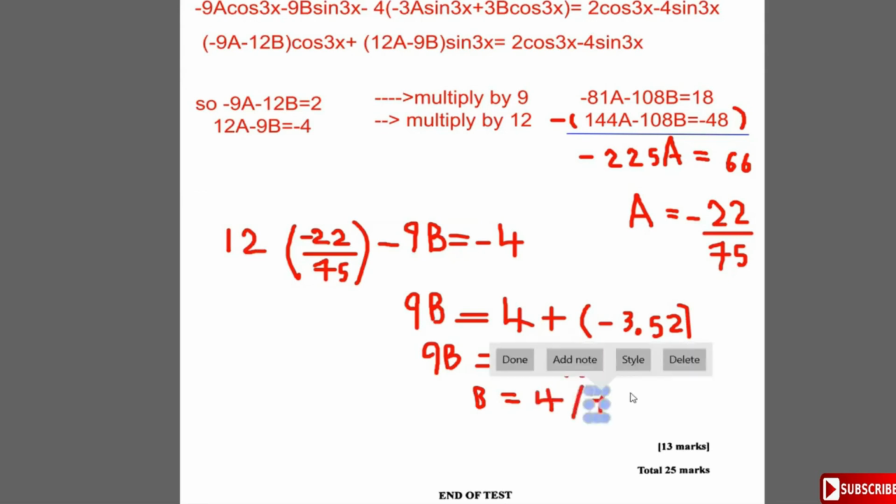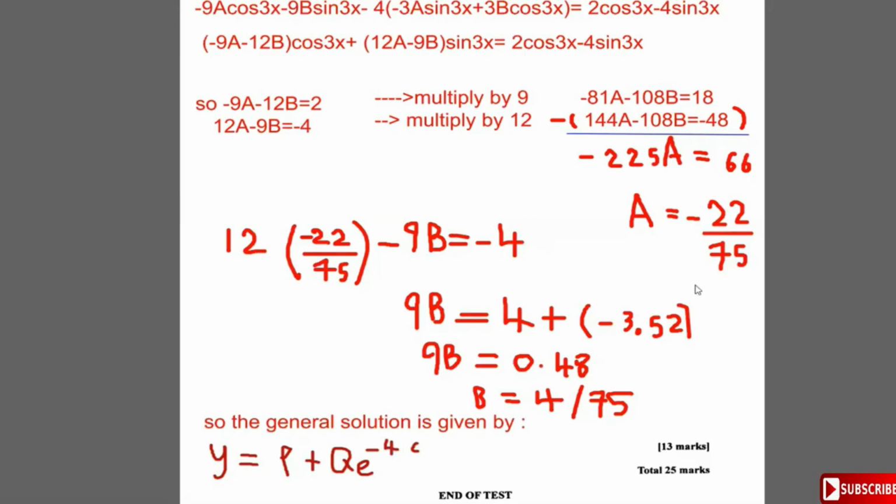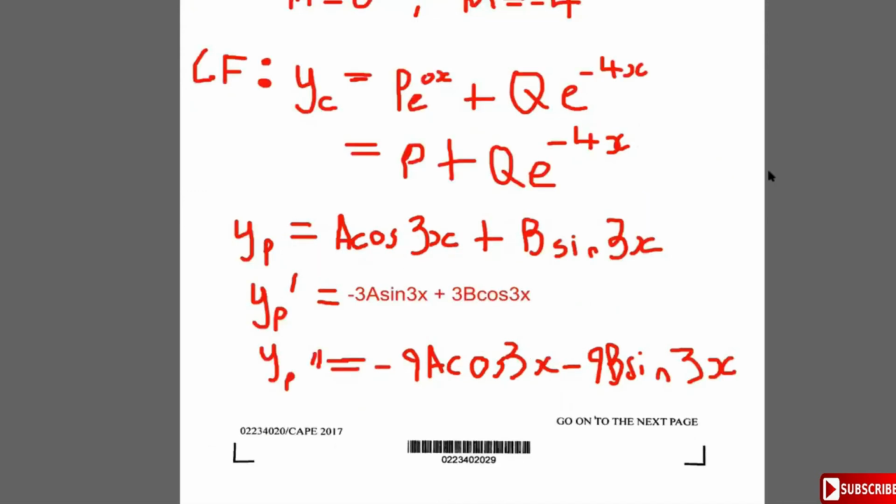Since I get A and B, now I can finally write the general solution. Remember, it's the complementary function plus the particular integral. So the complementary function we found was y is equal to p plus q times e to the minus 4x, plus a cos 3x plus b sine 3x.